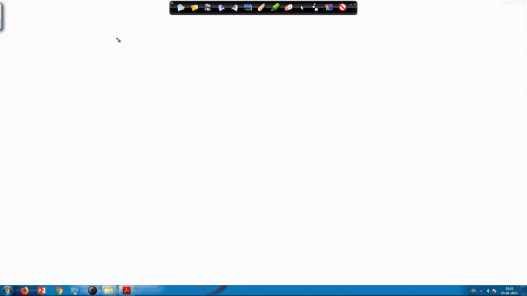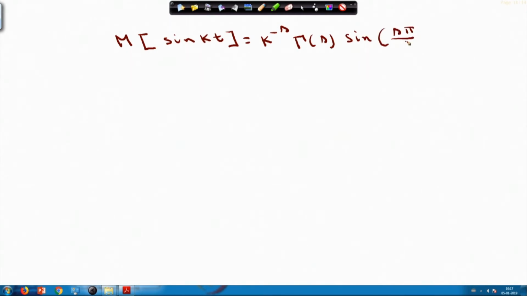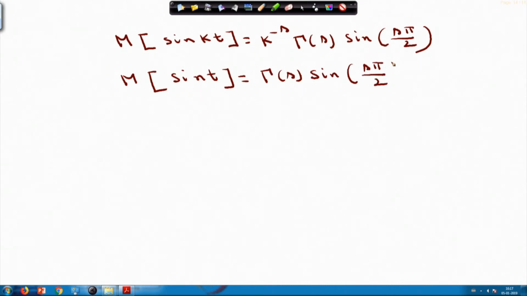You know these things already, and again we have done it. The Mellin transform of sin k t equals k to the power minus s gamma s into sin of s pi by 2. We have proved this earlier. So, for the Mellin transform of sin t, we put k equals 1. This equals gamma s into sin of s pi by 2, and I am assuming this as f 1 s.